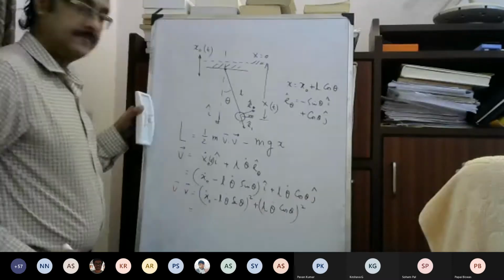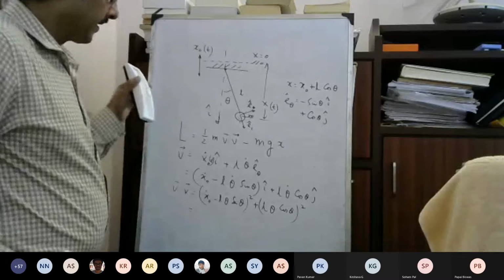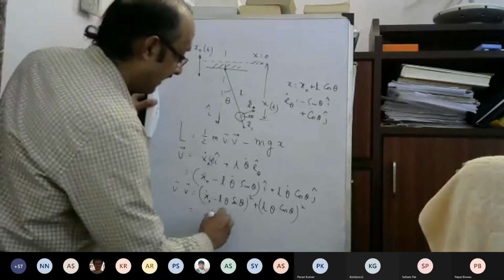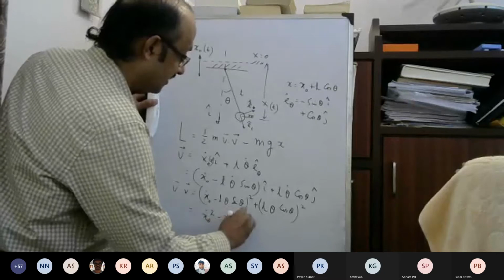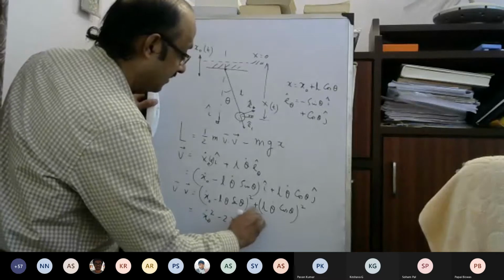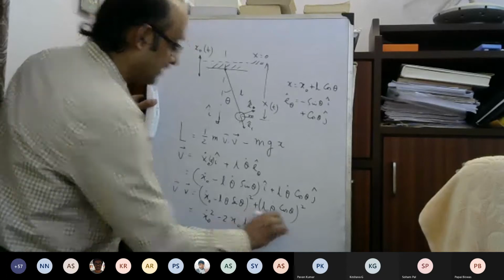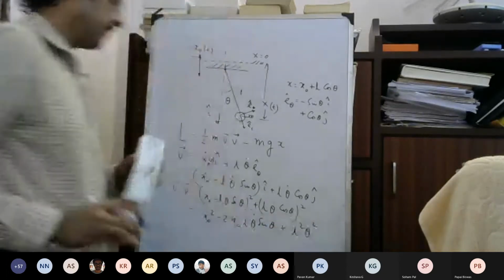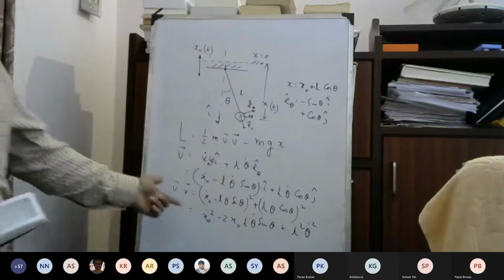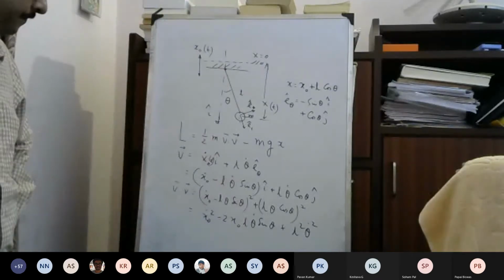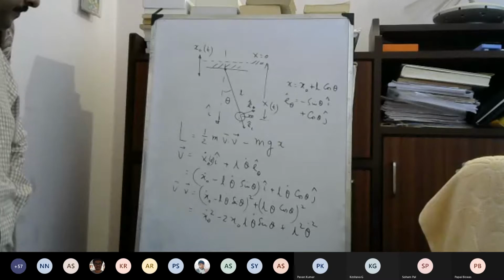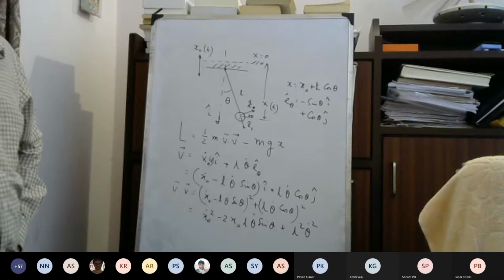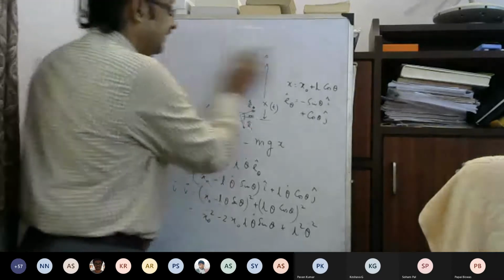If you take that, then this will be x naught dot squared minus 2 x naught dot L theta dot sine theta plus L squared theta dot squared. Right? Fine.